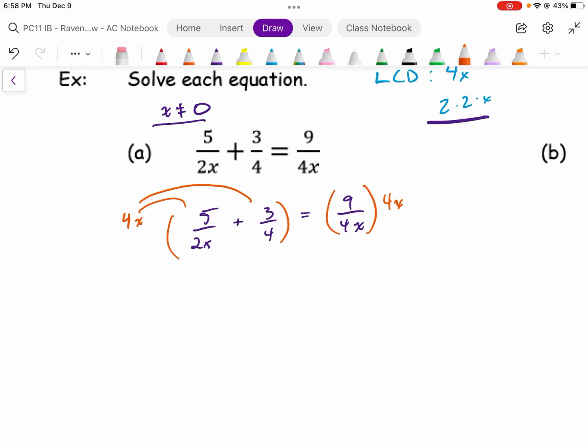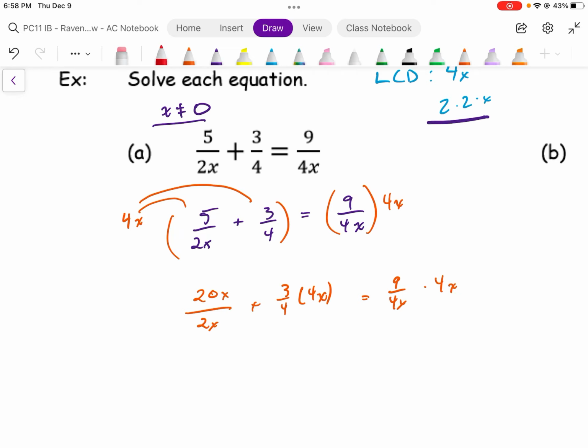So when I do that, this will be 20x over 2x plus 3 over 4 times 4x. And this is going to be 9 over 4x times 4x.